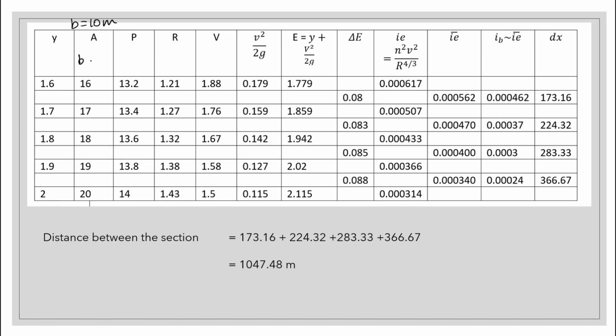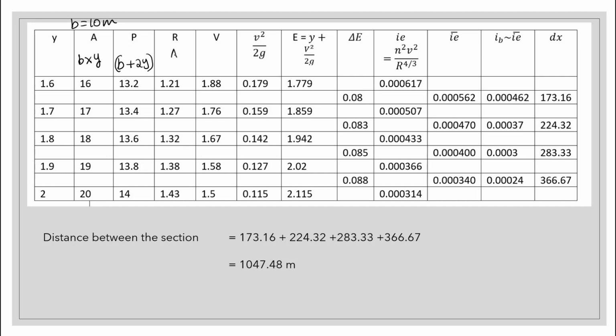So area is B into Y, so 10 into 1.6 is 16. And since it is a rectangle, B plus 2Y is the equation of perimeter. So 10 plus 2 times 1.6 will give you 13.2.